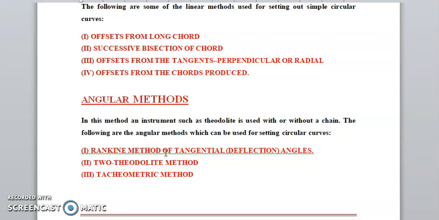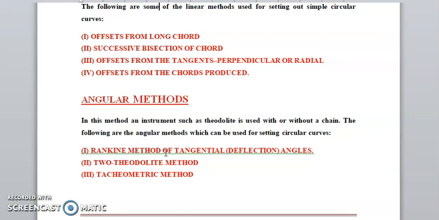In the angular method, instruments such as a theodolite are used, with or without a chain. This angular method can be used for setting out the circular curve, which you also studied in survey. There are three methods. First, Rankine's method of tangential deflection angle.